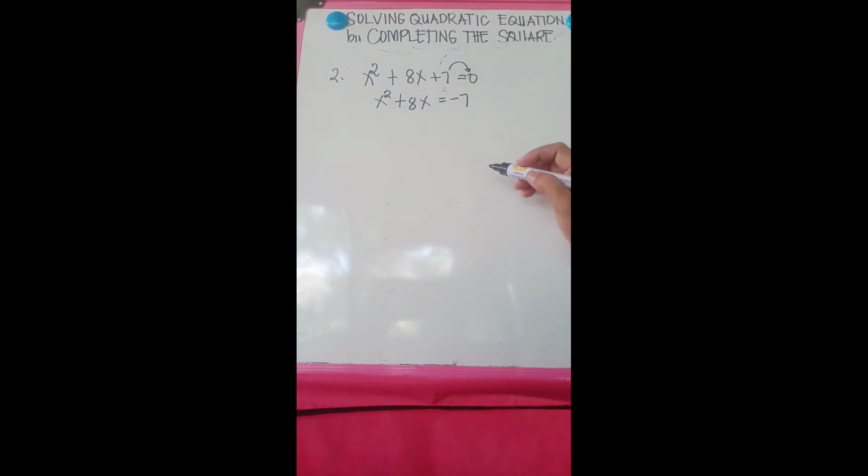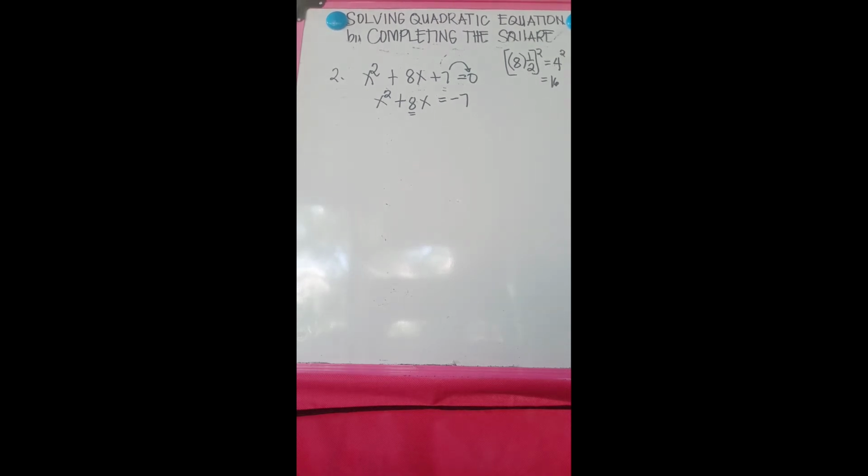Okay, so pag ganyan na siya, kunin ulit ang hati or half ng 8. So, ang half ng 8 is what? Half of 8 is 4. Then, square 4. Answer is 16.